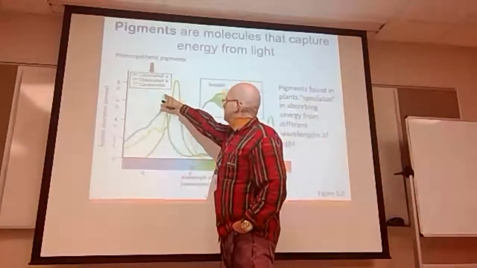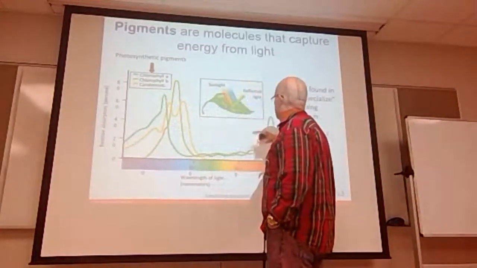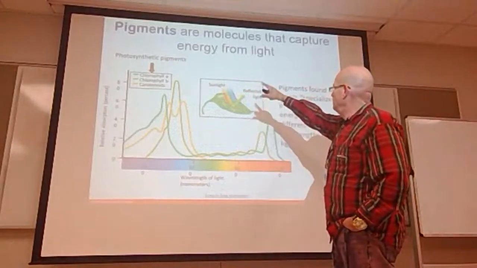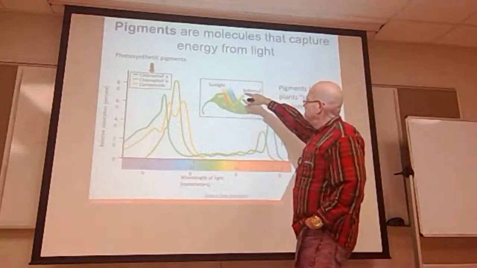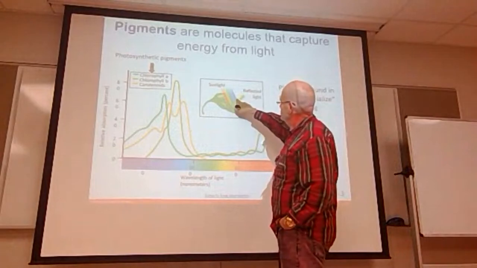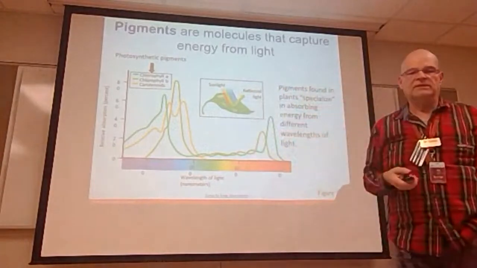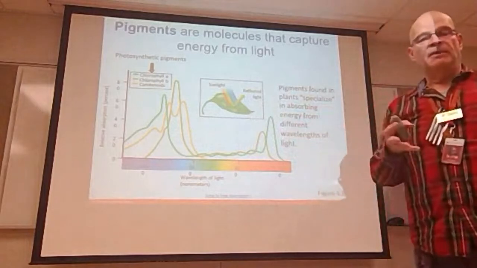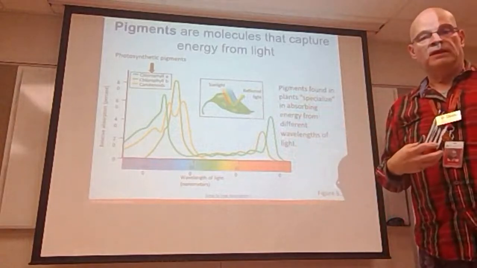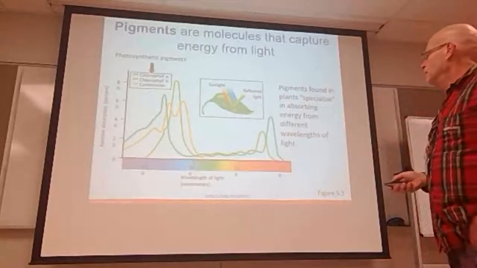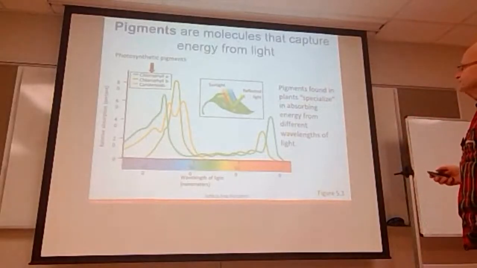The wavelength is the distance from here to here. As all of this light is coming down, you see the yellowy green part is being reflected. That's why green plants look green: not because they're absorbing the green wavelengths, but because they are reflecting the green wavelengths of light.